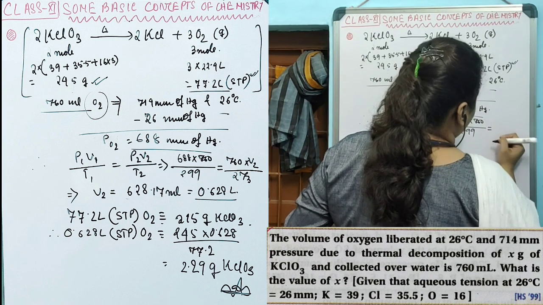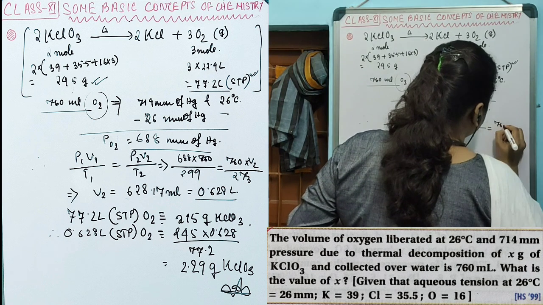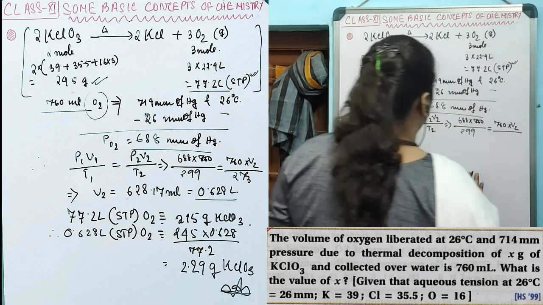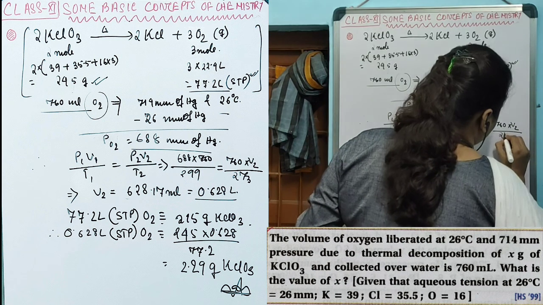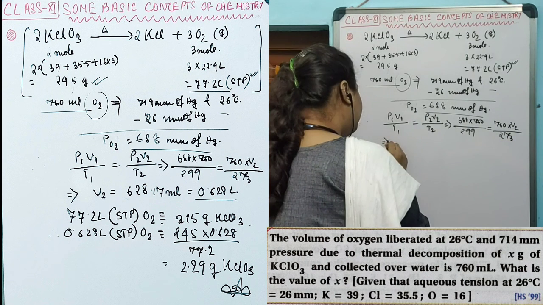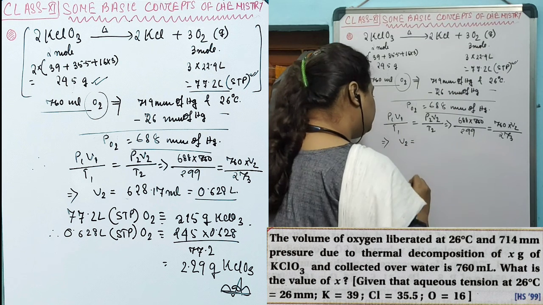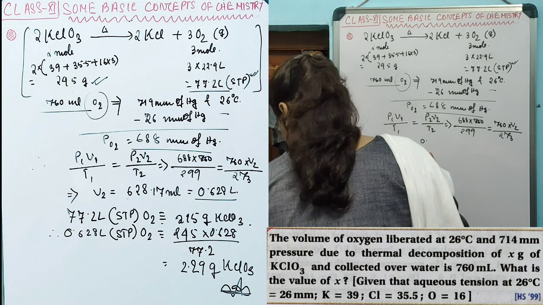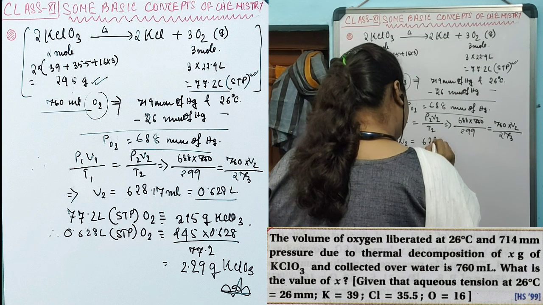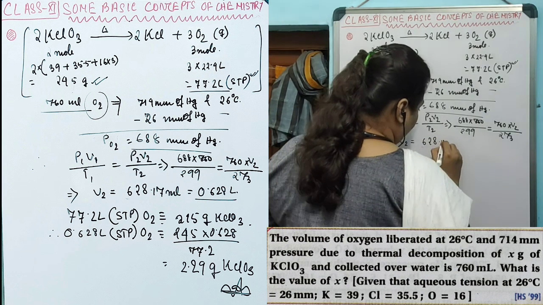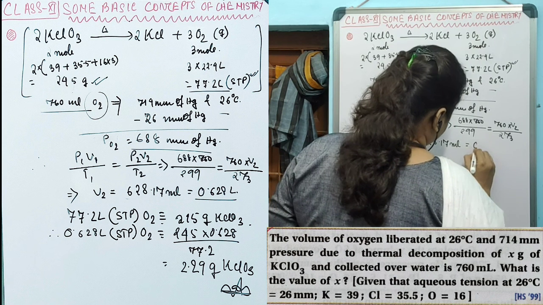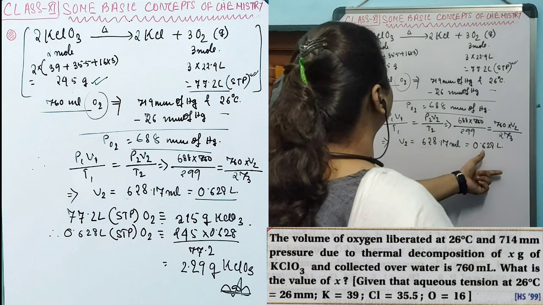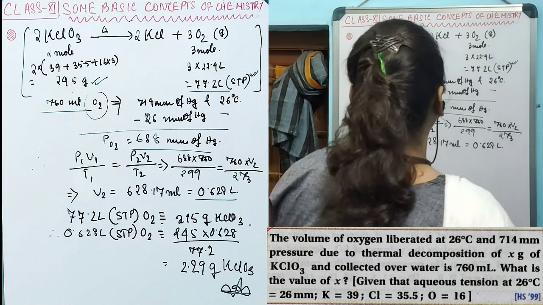P2 is the pressure at STP, that is 760 mm of Hg. V2 is the volume at STP for oxygen that we need to find out, and the temperature at STP is 273 Kelvin. By simplification, we find the volume V2 as 628.17 ml or 0.628 liter. This is the volume at STP of oxygen being produced.